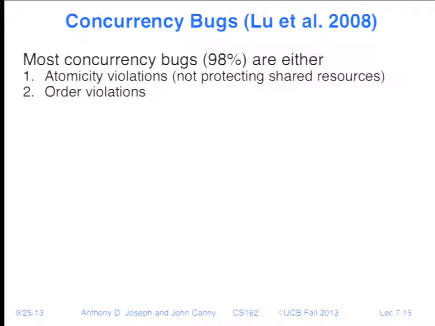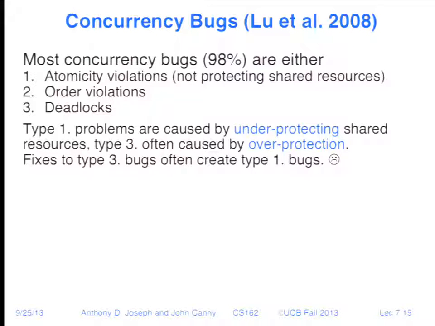The second group is order violations, doing things out of order, perhaps not waiting for something to be ready before you try to access it. And we already saw a number of order constraints in several of the pieces of code that we looked at. But in general, they're quite complex. The last one is deadlocks, which we're going to look at in detail in the second half of this lecture. So that's what people run into.